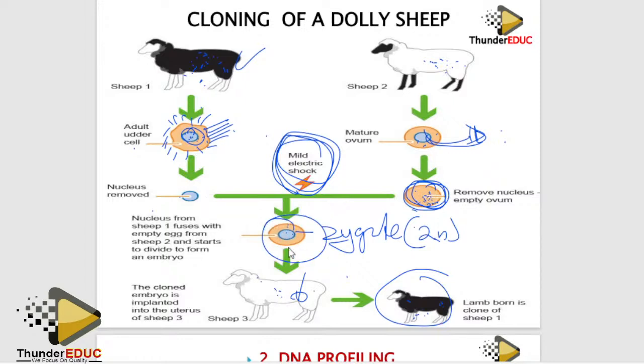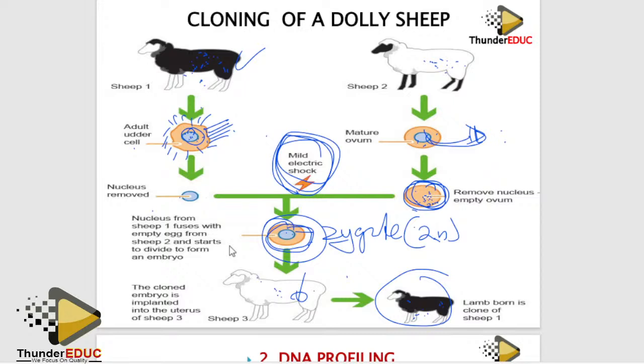It must look like a zygote, so that when we put it in the womb, the womb doesn't know what is inside this zygote-like structure. What it knows is this, so that now it can start undergoing mitosis, and then forms those finger-like projections.